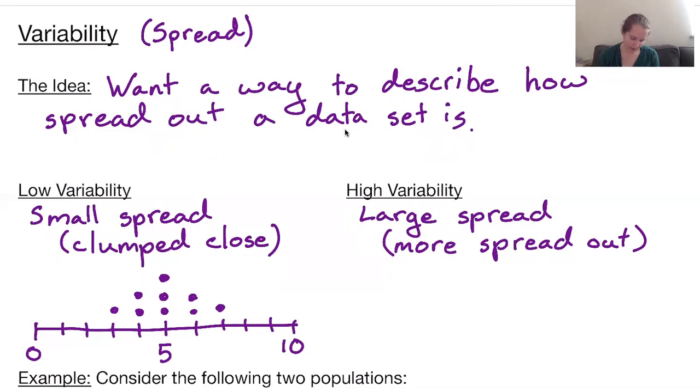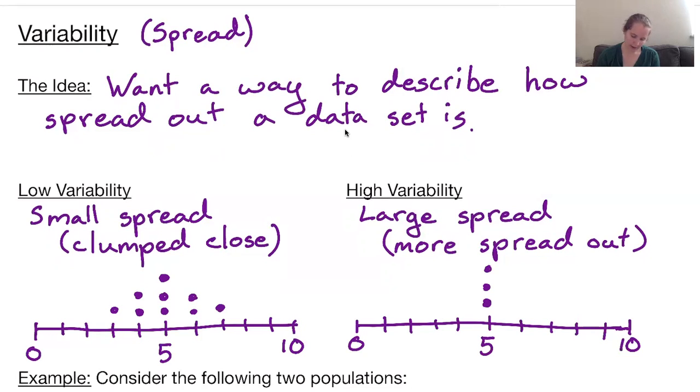Now let's do high variability. So again, we'll go from 0 to 10. 5 in the middle. And let's say that we have, again, 3 dots at 5.